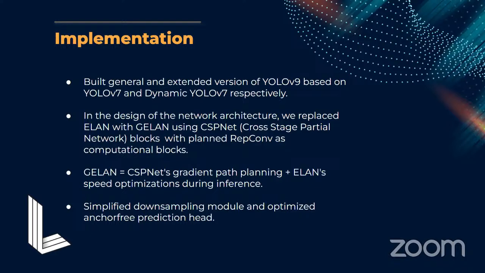YOLOv9 is a general and extended version of YOLOv7 and dynamic YOLOv7 respectively. Coming to the network architecture style, as we have discussed, since this is based on the ELAN structure, it uses additional blocks like CSPNet, also called cross-stage partial network blocks, planned with the rep-conv as the computational blocks.